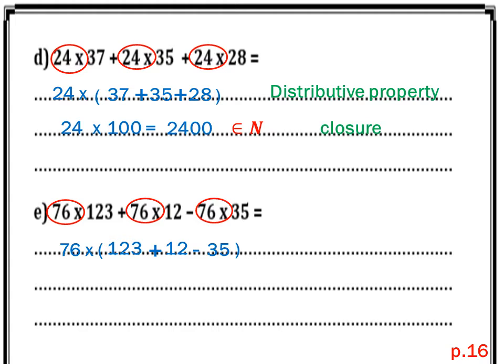Then close the bracket. Here the name of the property is distributive property. And now 76 times, write 123 plus 12 minus 35 on the calculator. It will be 100. So 76 times 100 equals 7600, which belongs to N, here closure property.